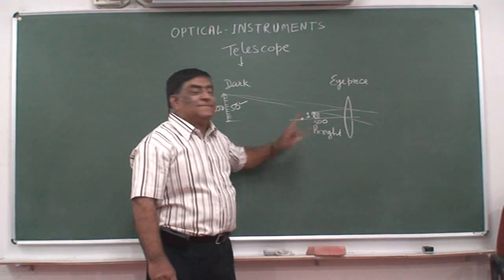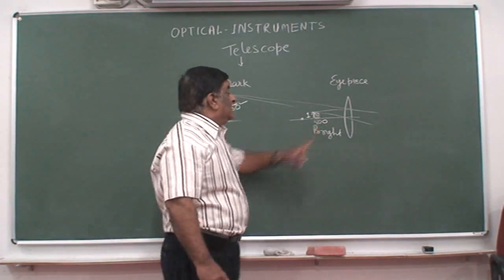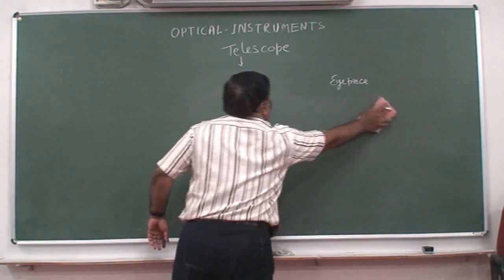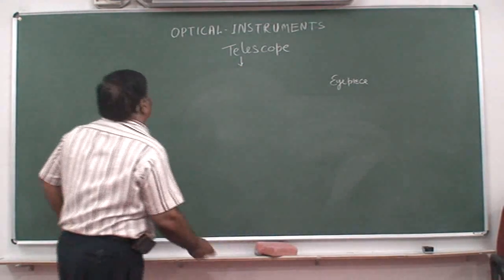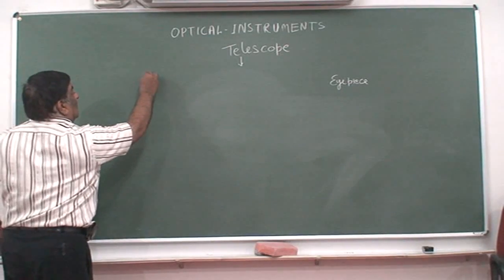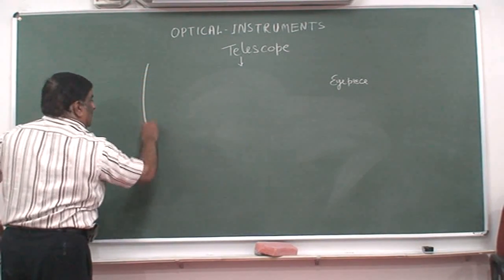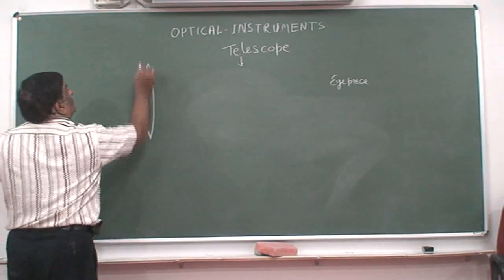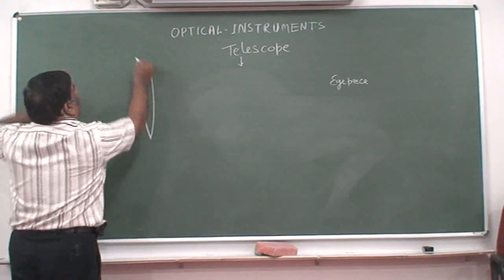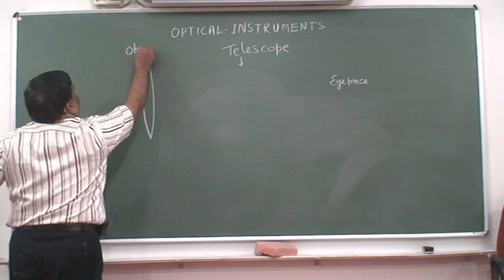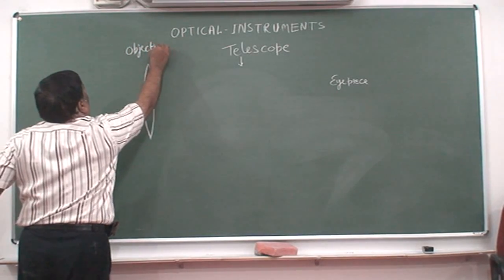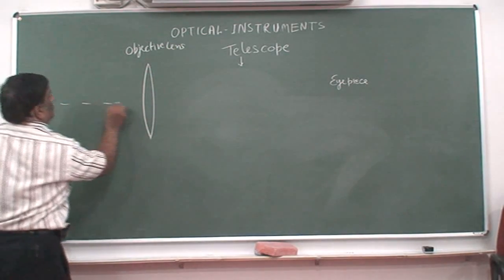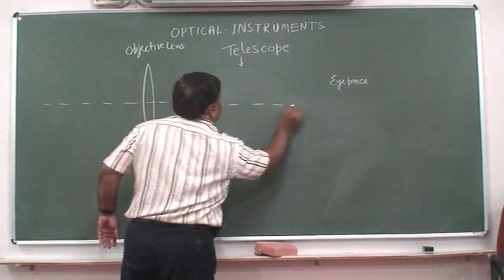Now how to make this? It should be bright, so what do we do? We use a large aperture lens, and this lens is towards the object to see the star. So this we will call the objective lens. This is the principal axis.